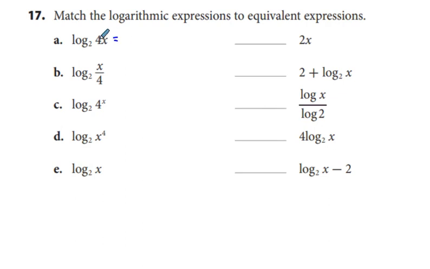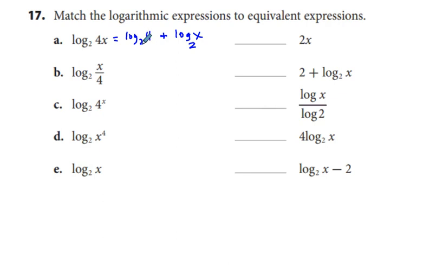You have a product of two factors here. So using the product property, this is going to be equal to log base 2 of 4 plus log base 2 of x.